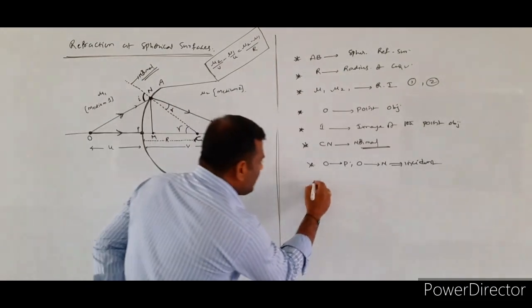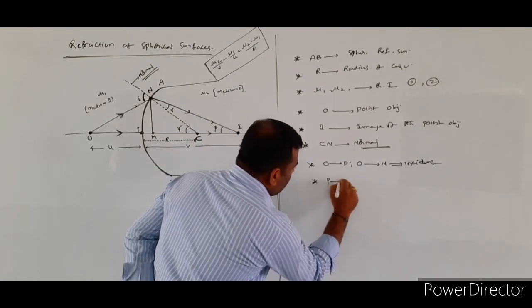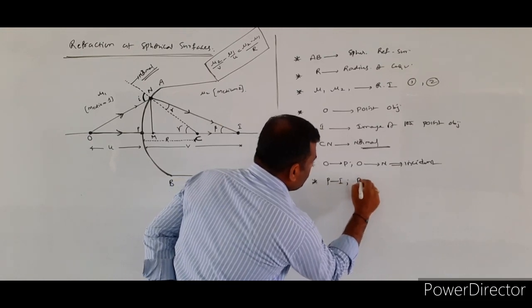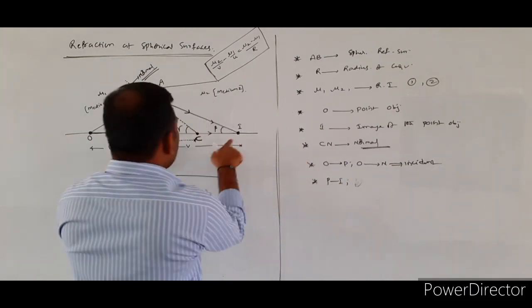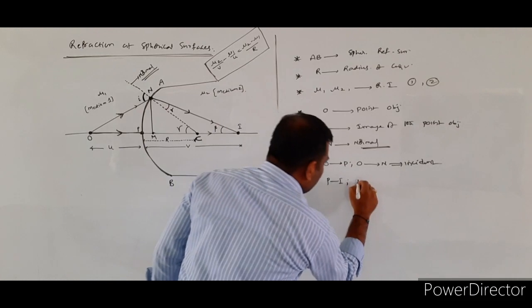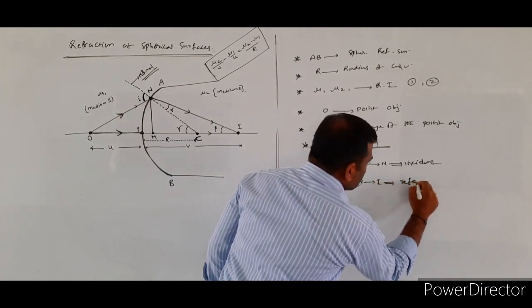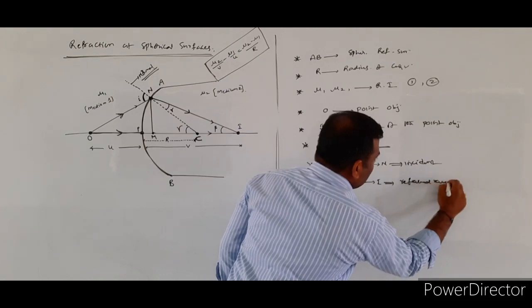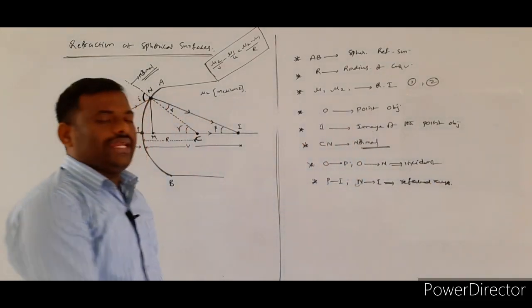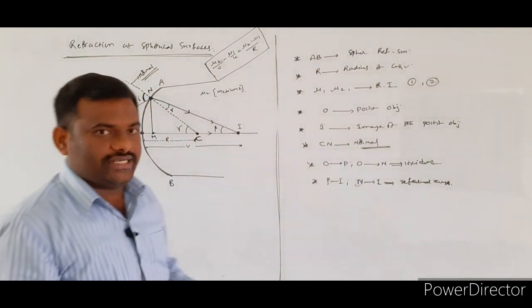So in the given diagram, PI and NI, these two light rays are indicating the refracted light rays.